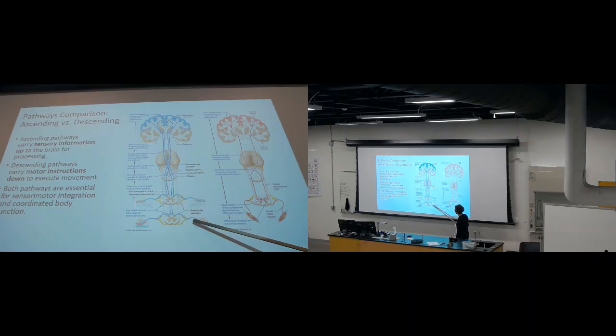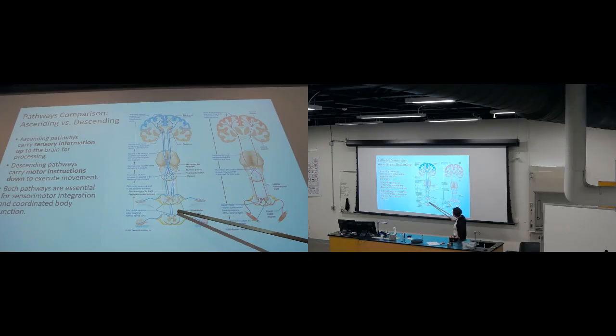So in this case, for these ascending pathways, we have up to 3 neurons. And depending on where they are located is how you call them. So in this case, the neurons that go from peripheral effectors, let's say the toes or the fingers, and then they go into the spinal cord, the axons of these neurons.